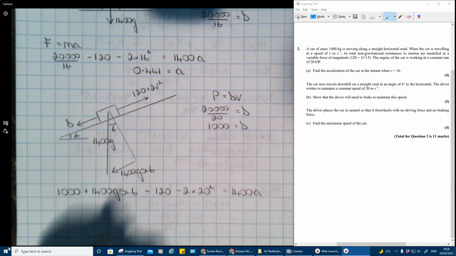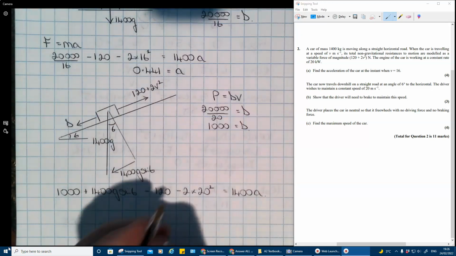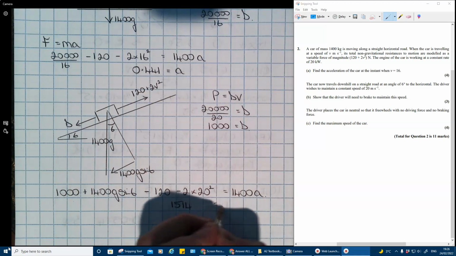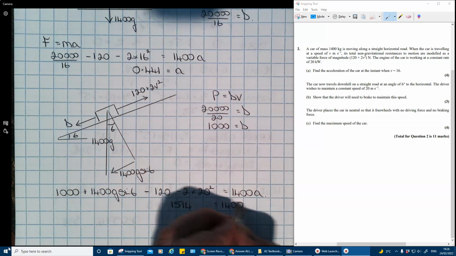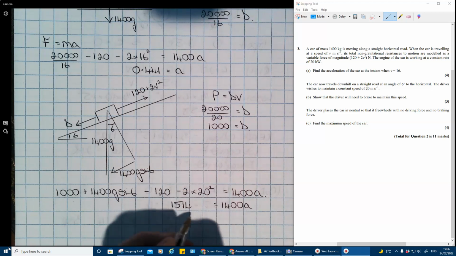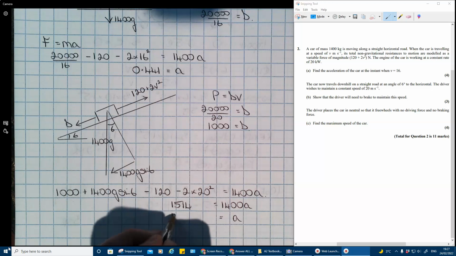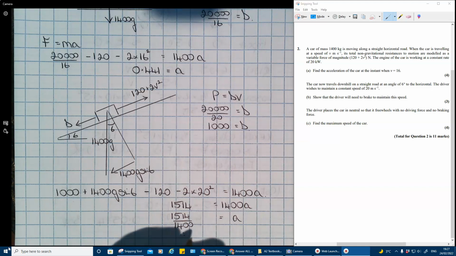Okay, so that gives us 1514 equals 1400 A. So here clearly we've got A being greater than 0, 1514 over 1400. So therefore it's increasing speed.